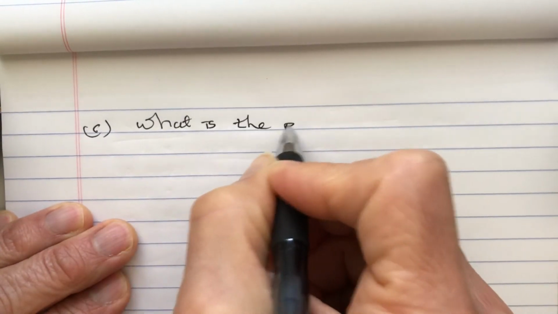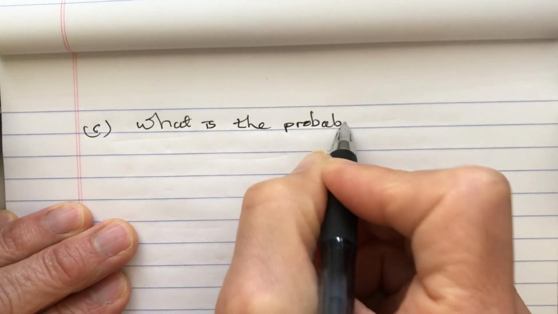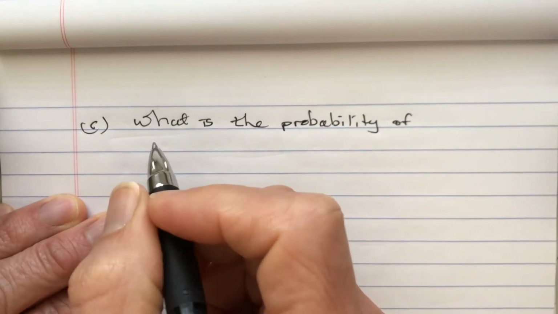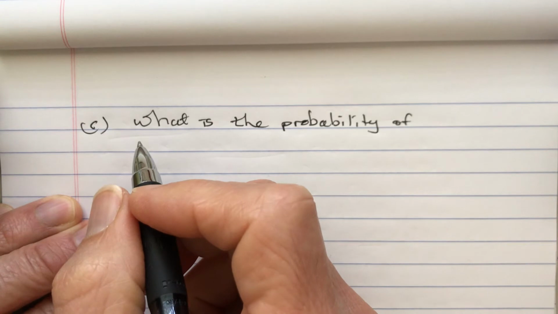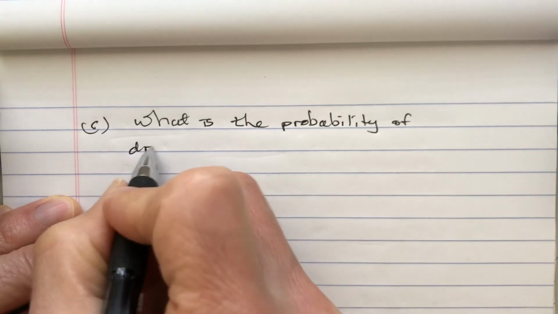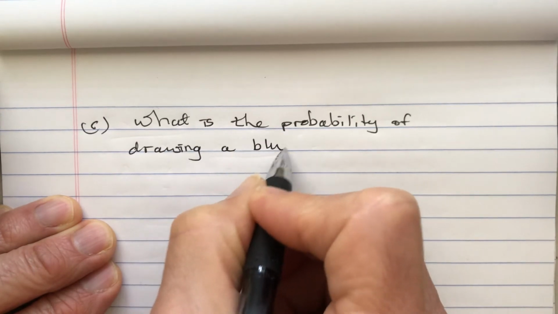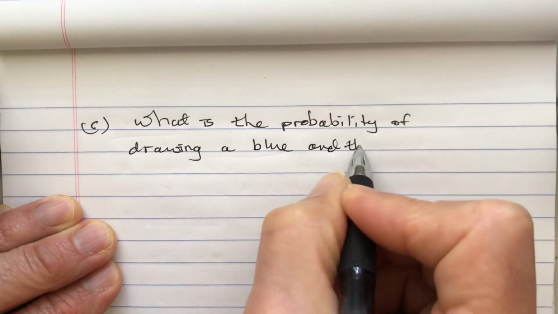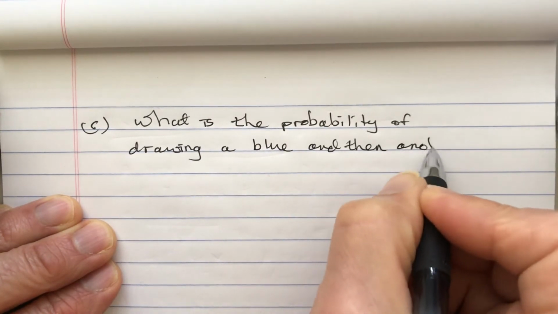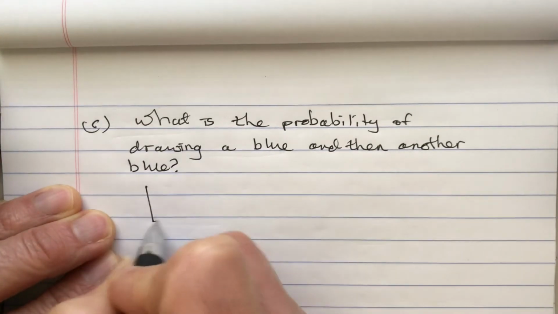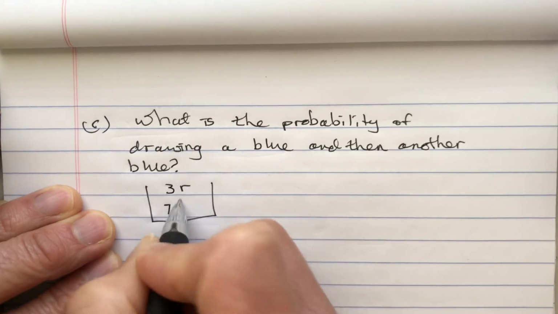What is the probability of drawing a blue and then another blue? So what we have is the same box as before.